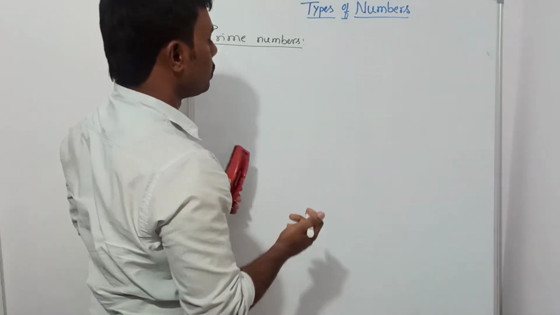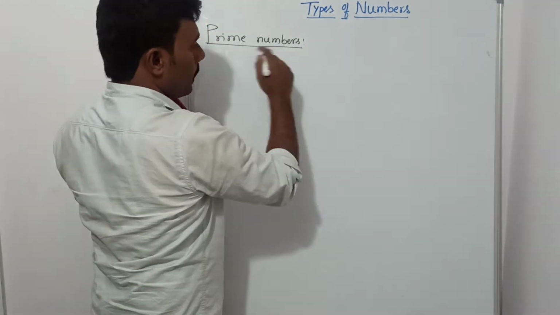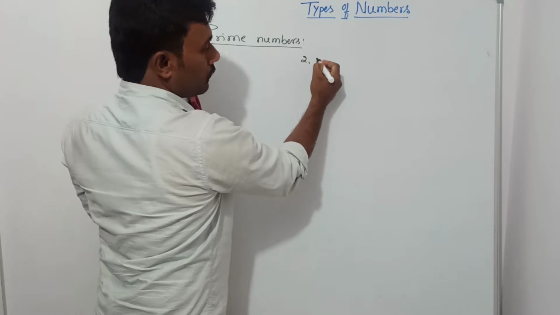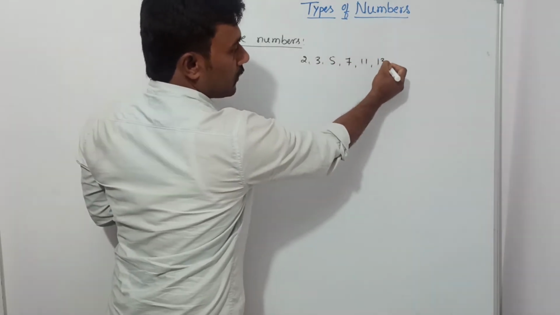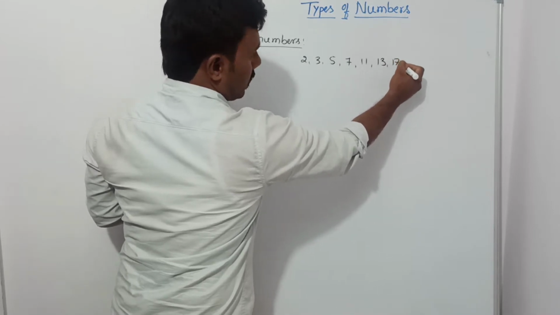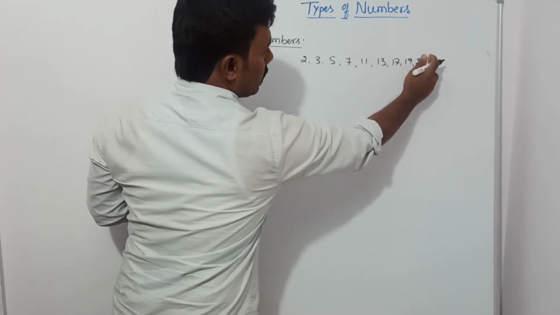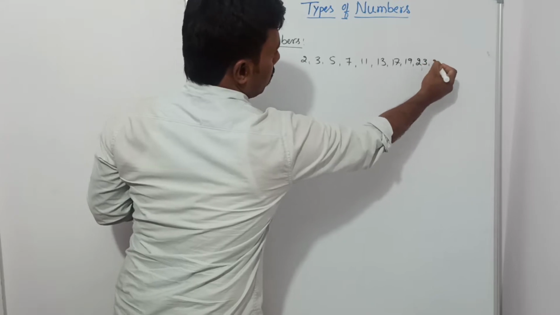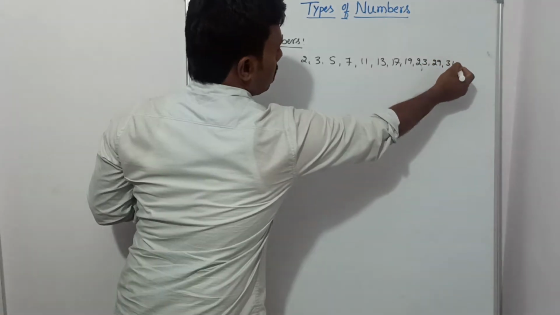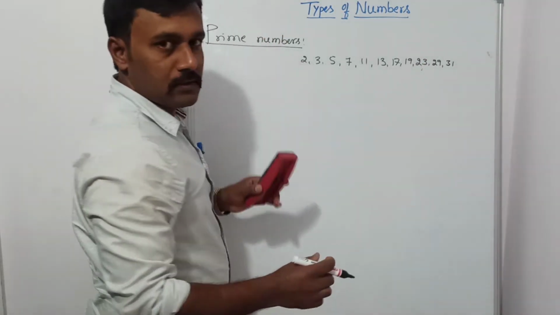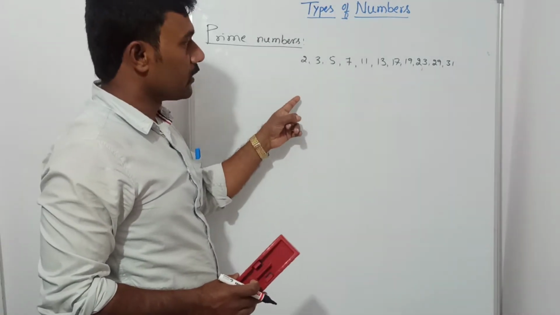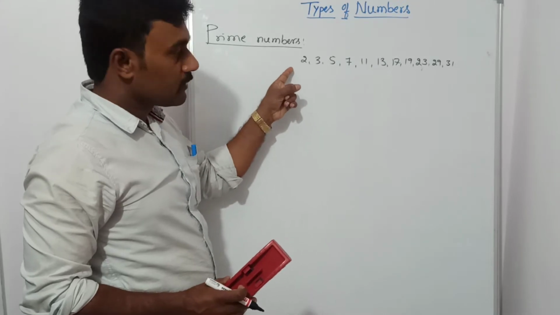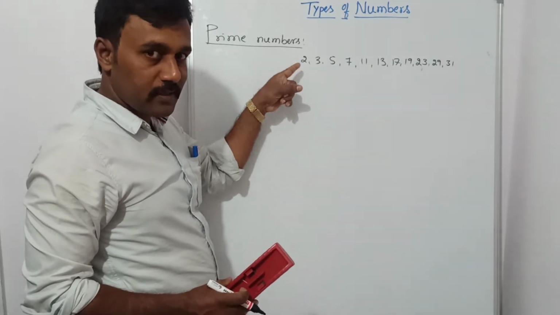For example, 2, 3, 5, 7, 11, 13, 17, 19, 23, 29, 31, etc. So these are prime numbers which are divisible by 1 and the same number, 1 and itself.